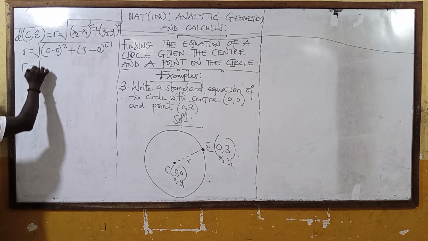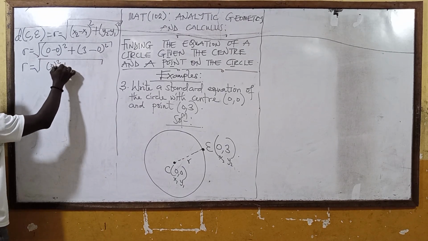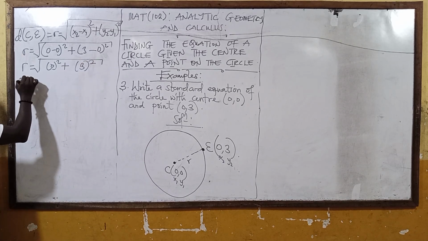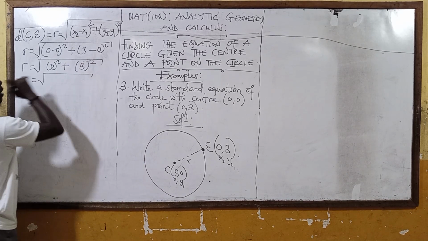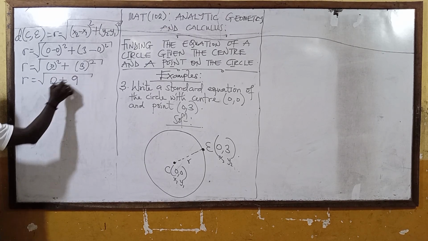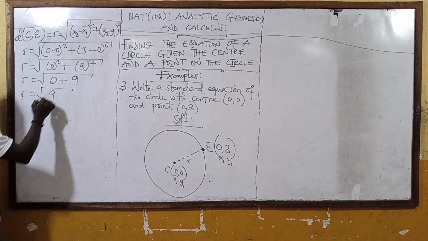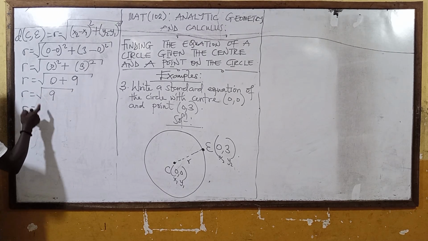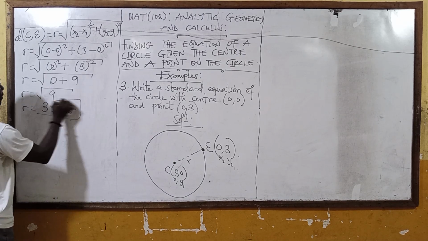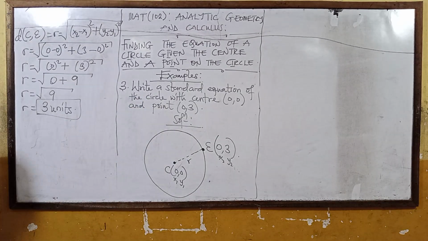So my radius must be equal to the square root of 0 minus 0, you obtain 0 squared, plus 3 minus 0, 3 squared. Radius must be equal to the square root of 0 squared, 0, plus 3 squared, 9. So I have radius being equal to the square root of 0 plus 9, we have 9. Radius must be equal to the square root of 9, we have 3 units. So we obtain the radius to be 3 units.